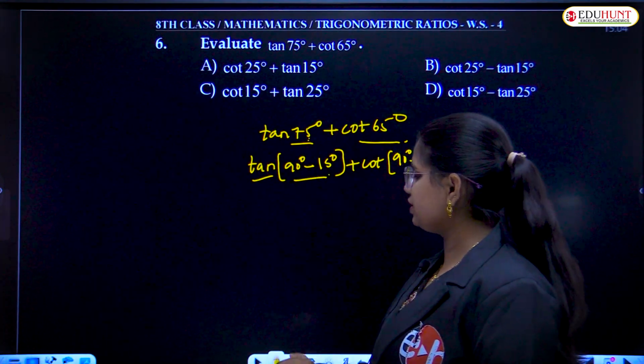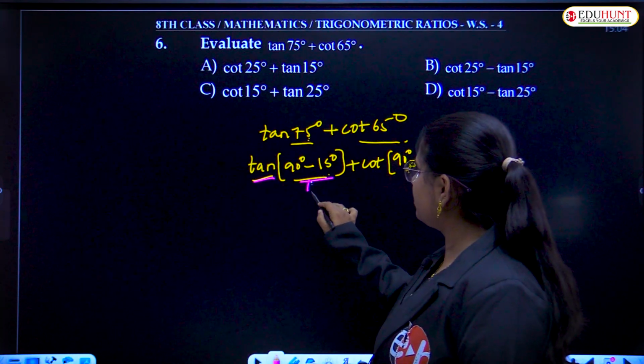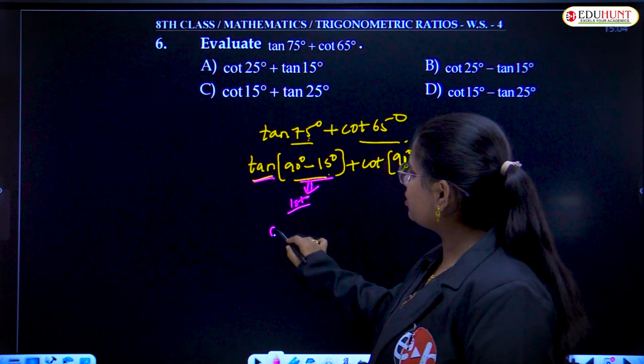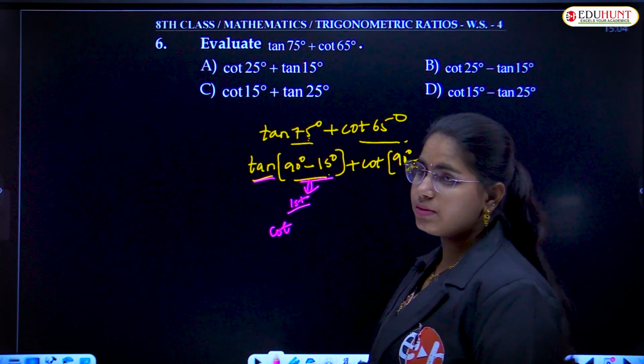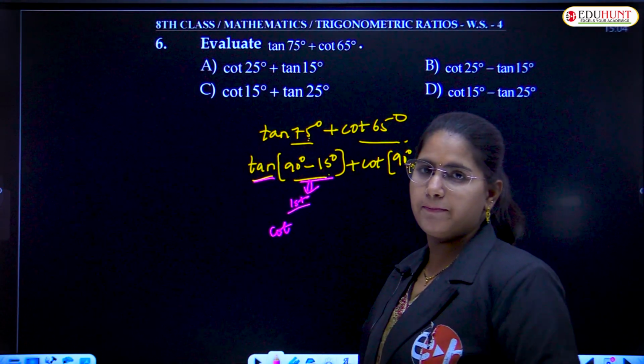Tan 90 minus theta. Which particular quadrant is it? First quadrant. In the first quadrant, tan becomes cot because it is an odd multiple. Odd multiple function always changes. Please keep this in your brain.